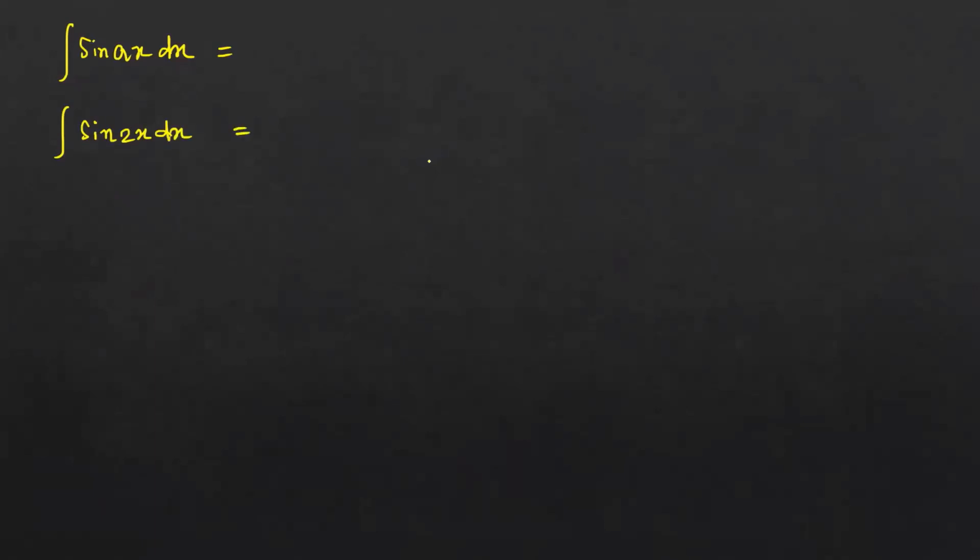Minus cos 2x, divided by 2, plus c. So you take minus cos 2x, divide by 2, and add an integrating constant c. Everywhere, if there is a coefficient here, you have to divide by it in your answers.